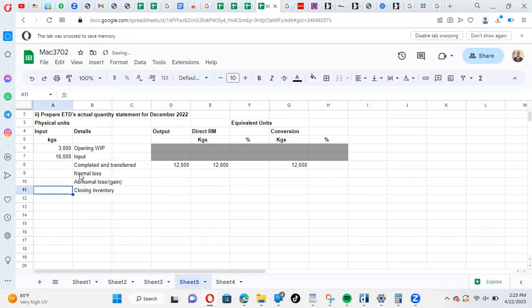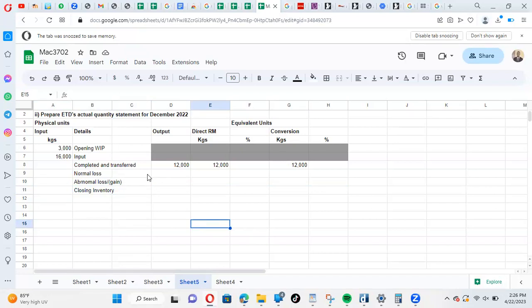So what happens now is in almost every manufacturing process, there are what we call normal losses. These are losses that are budgeted for, the losses that are expected. Like if you are cooking, you'll expect that you will have certain spillages, sometimes due to things like evaporation.